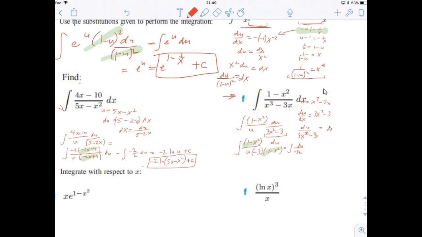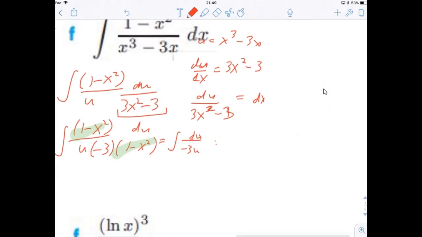The integral of du over negative 3 is equal to negative 1/3 natural log of u plus c. And then we substitute back the u substitution, x cubed minus 3x, so we have negative 1/3 natural log of x cubed minus 3x plus c.